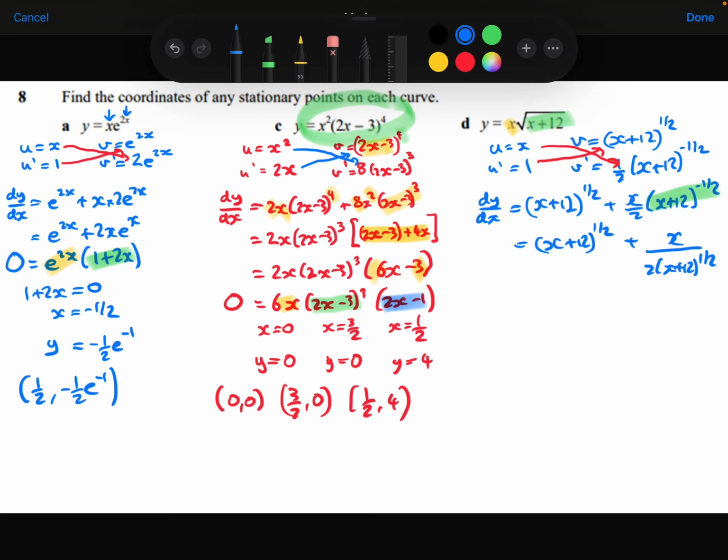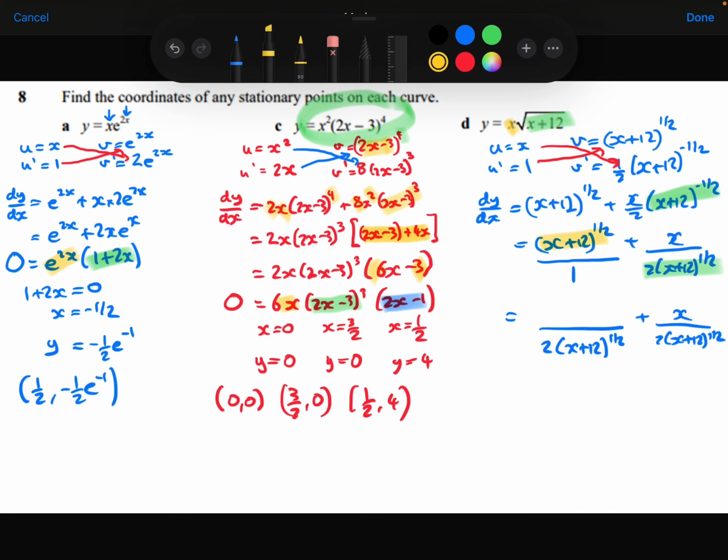And then I'm going to get a common denominator here, so I'm going to write that as a 1. And then I can see that I'm going to be multiplying the top and the bottom here of the first term by this 2 times x plus 12 to the power of 1/2, which means I have to times the numerator by that as well.